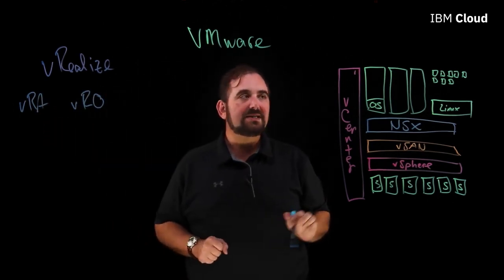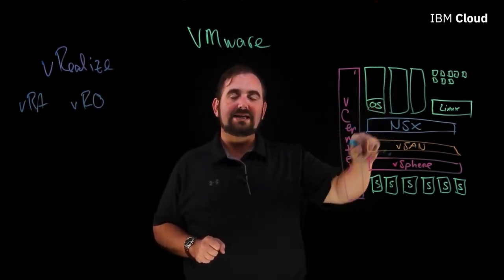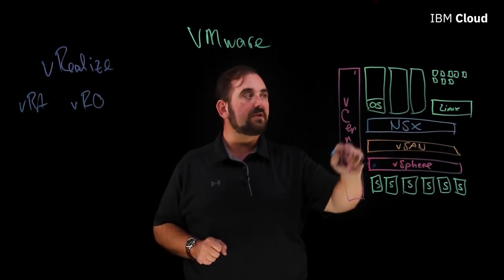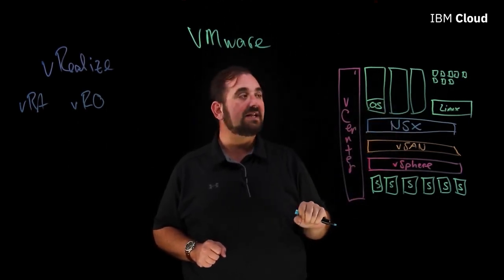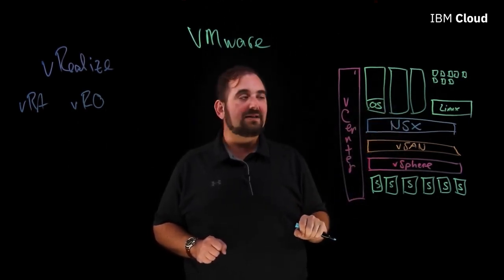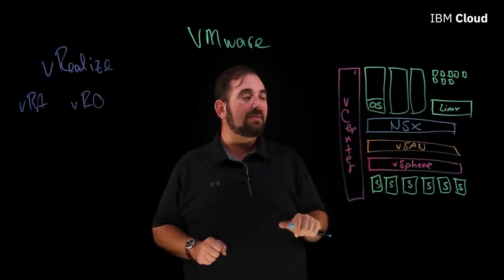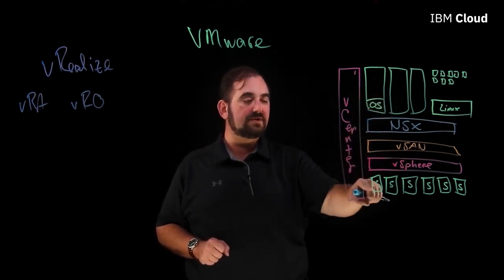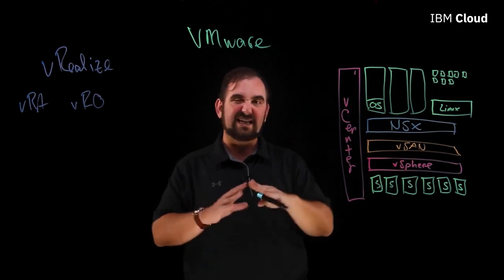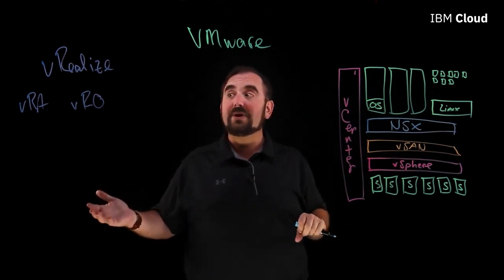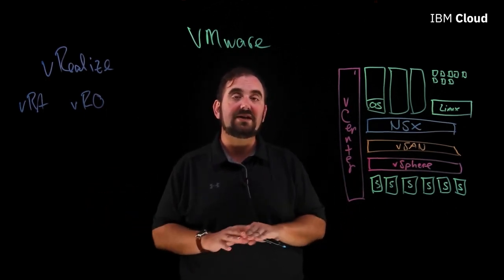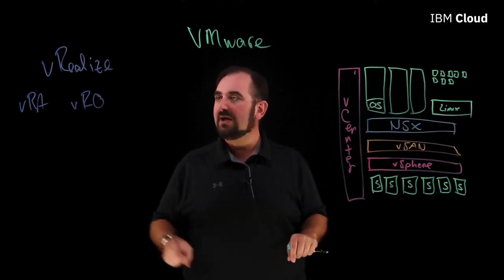The automation piece is about automatically standing up and standing down virtual servers, about automatically standing up and standing down containers, automatically doing load balancing, automatically shifting virtual servers from one physical host to another because they need to resize it, automatic resizing, and so on and so forth. It is your automation engine.